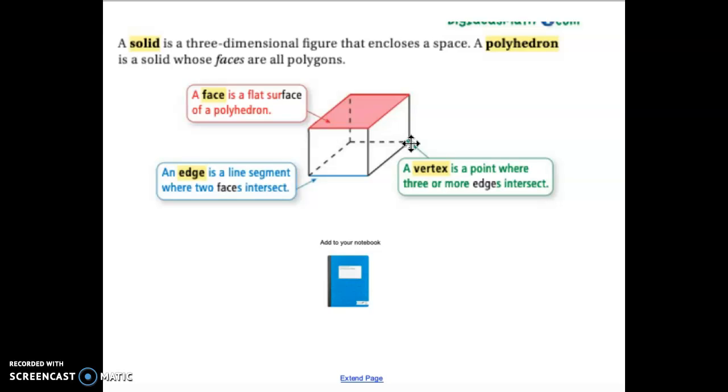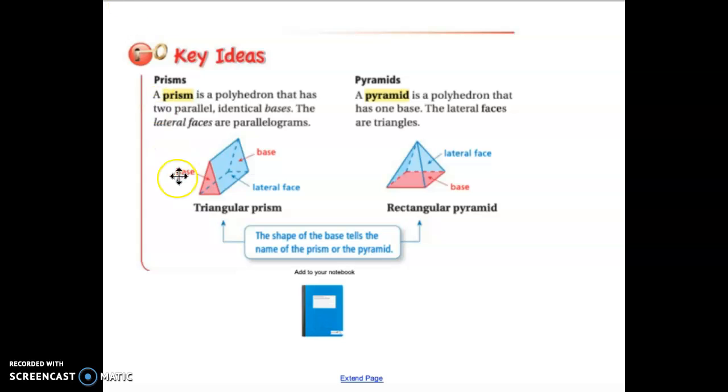All right, and this is really important to have in your notebook because you're going to be asked to count faces, edges, and vertexes. Some more terms for you to add. A prism is a polyhedron that has two parallel identical bases, and the lateral faces are parallelograms. The base here is a triangle, and that's why it is called a triangular prism.